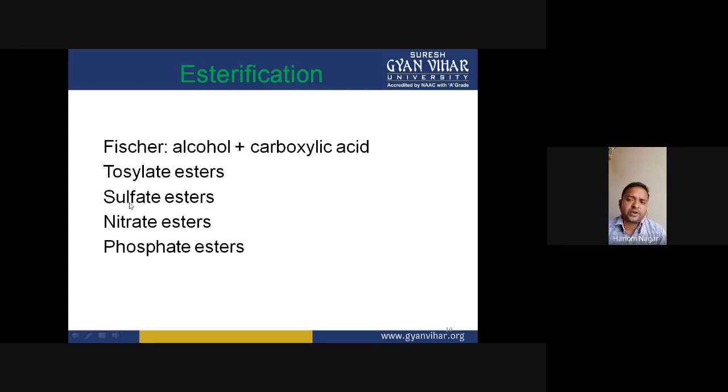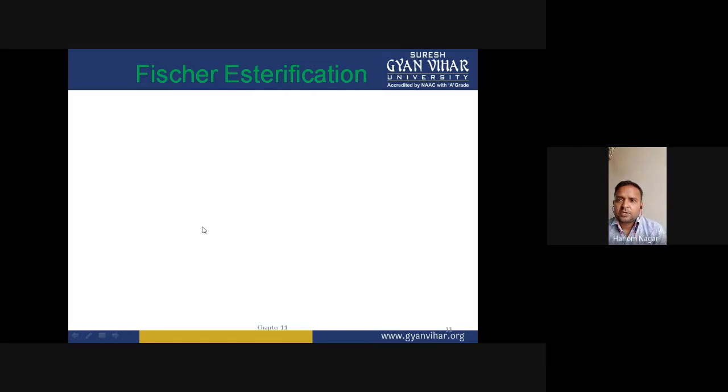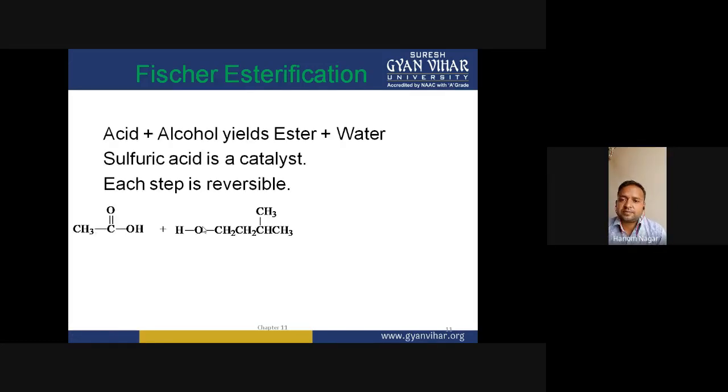Third, formation of sulfate ester by reaction with sulfuric acid. Then formation of nitrate ester by reaction of alcohol with nitric acid, and formation of phosphate ester by reaction of alcohol with phosphoric acid. One by one we will discuss these esterification reactions.